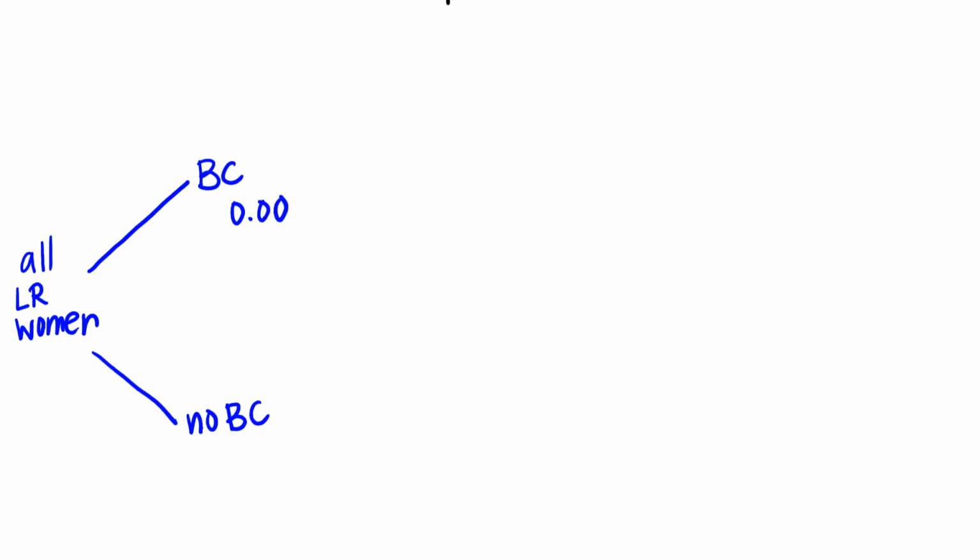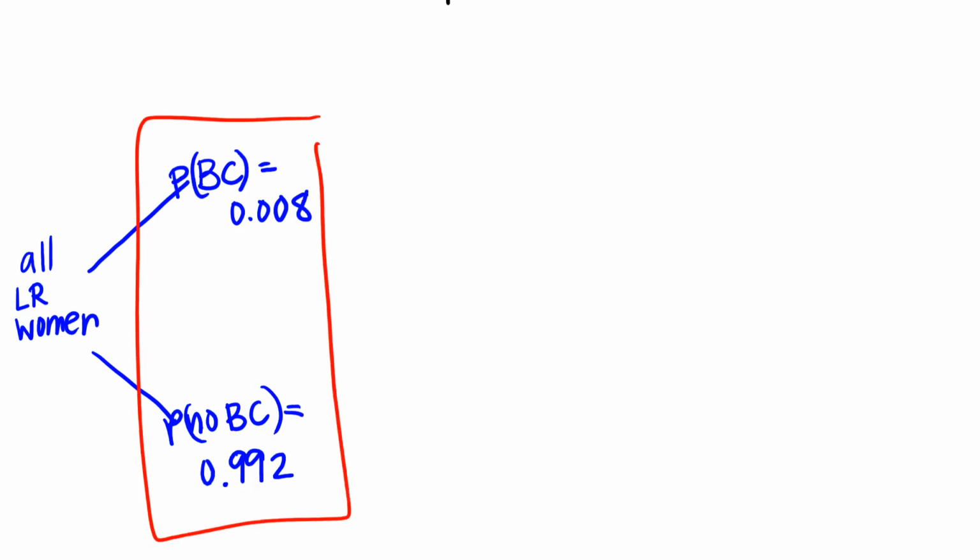It's 0.008. Very, very unlikely. This is why they call it the low risk group, right? And if we wanted to, we could even put probability notation on this. I don't feel that strongly right now because I'm just trying to show us how this works. So for not having breast cancer, then, well, that's everybody else, 99.2% or 0.992, because these have to sum up to all the people in our group.